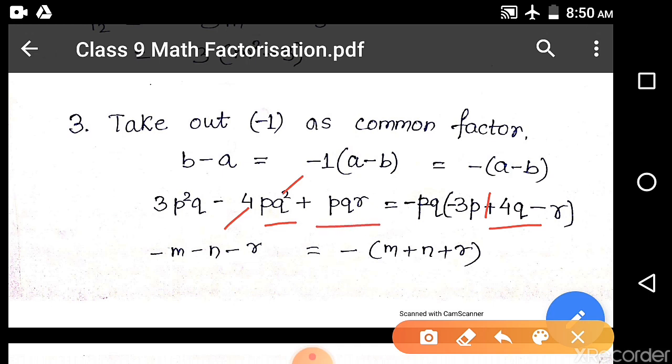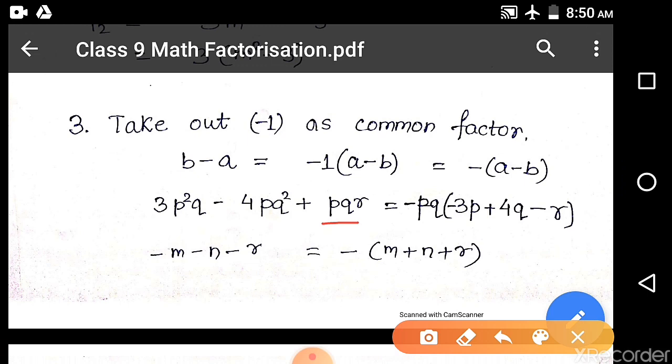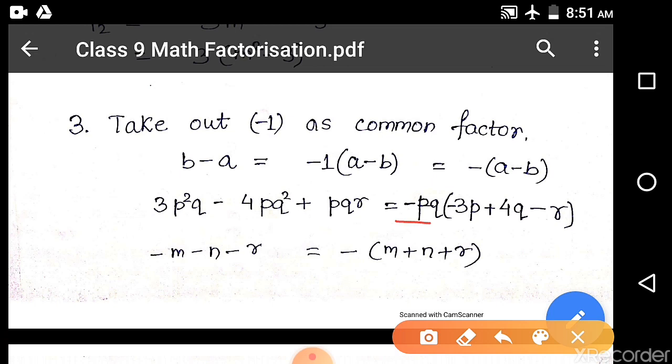Now from the third term, we have pqr, and when pq is taken out common, r is left. But here minus sign is also taken out common, so the plus sign of pqr now becomes minus, and as r is left, r remains inside the bracket. So minus pq is taken common, and we have inside the bracket minus 3p plus 4q minus r.